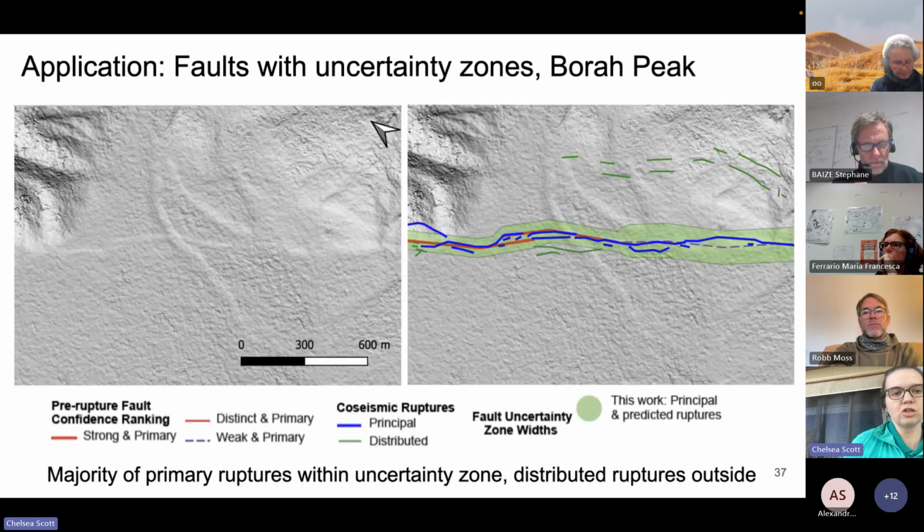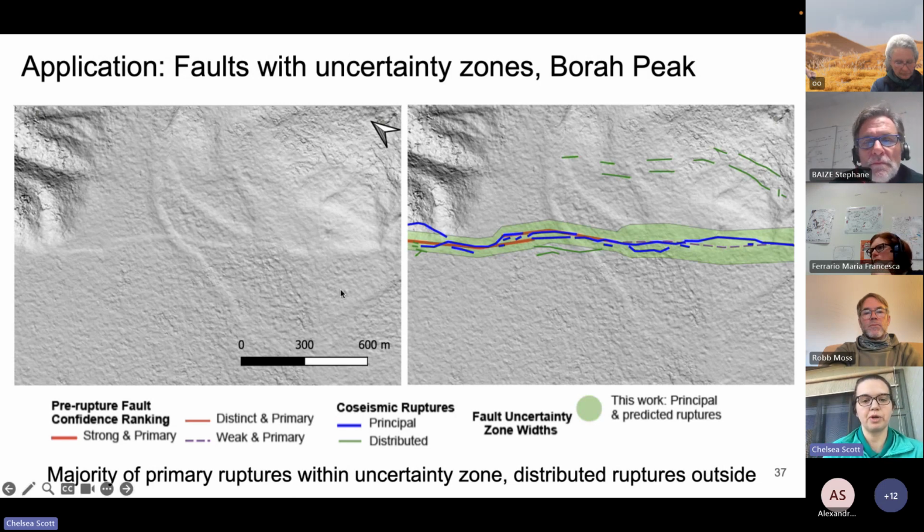I then looked at applying these uncertainty zones to several of the pre-rupture maps. This is looking at Bora Peak in an area where there is a fairly prominent pre-rupture fault scarp. On the right, you can see the mapped pre-rupture faults in red and purple.